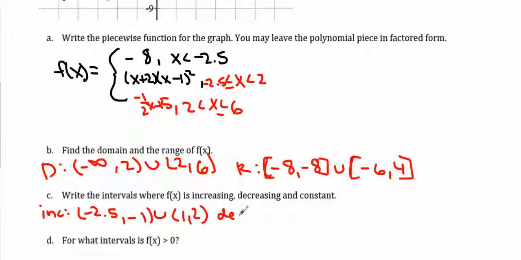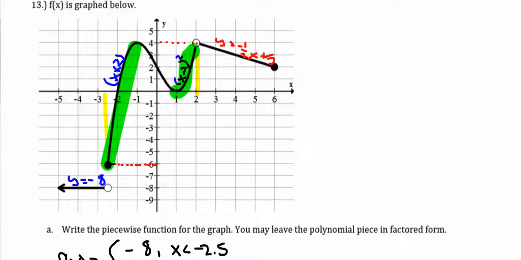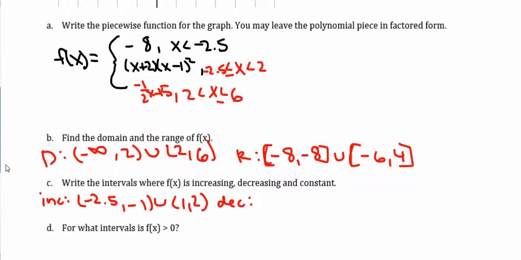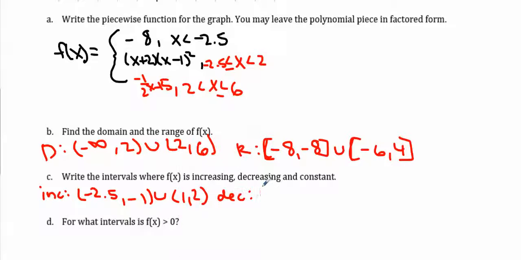And then it is decreasing. We'll highlight that in blue. Here it's decreasing from negative 1 to 1 and from 2 to 6.